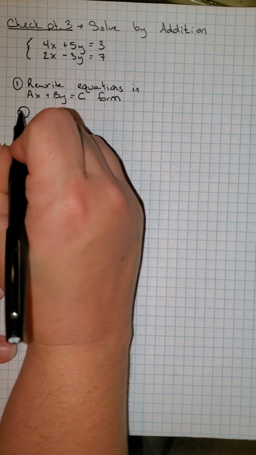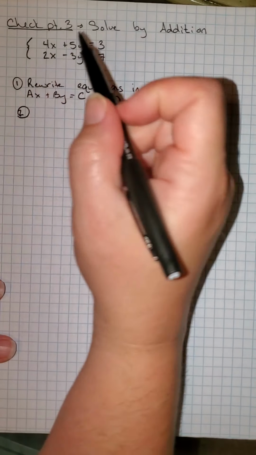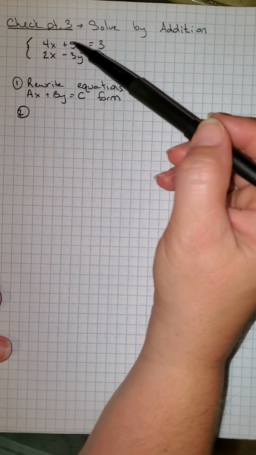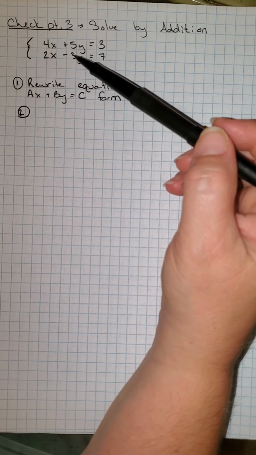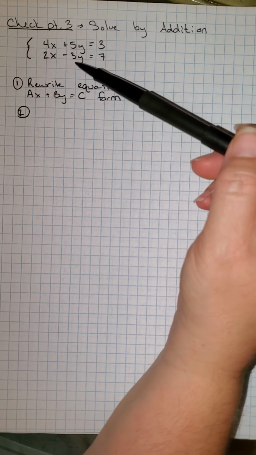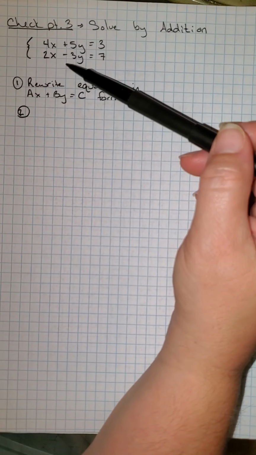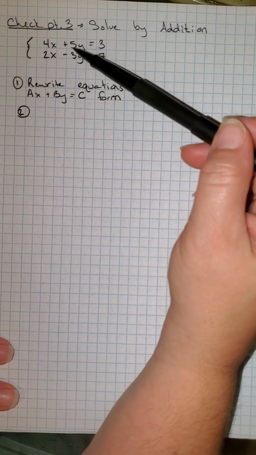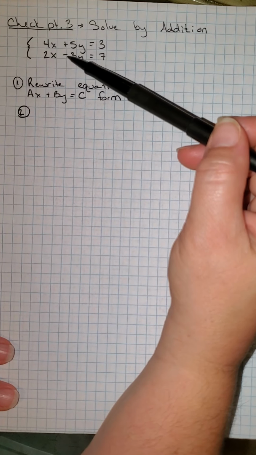Step 2 is the main step. You're going to pick a variable to eliminate. Like, I look at my x's, I have a 4 and a 2. I look at my y's, I have a 5 and negative 3. I want to have the same coefficient in front with opposite signs. The perk to the y's here is that you have a 5 and a negative 3, a positive and a negative. So you could make them into 15 by multiplying this equation by 3, this equation by 5. You would have a 15 and a negative 15.